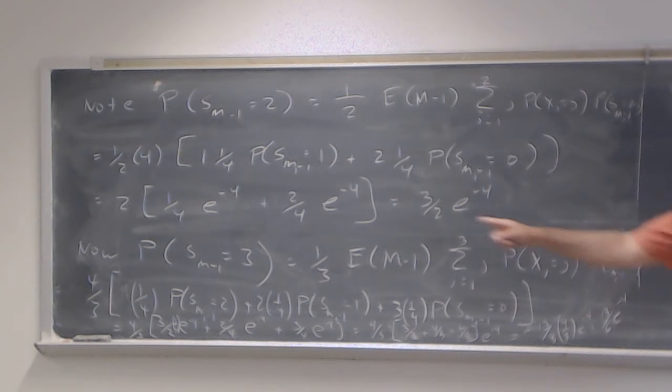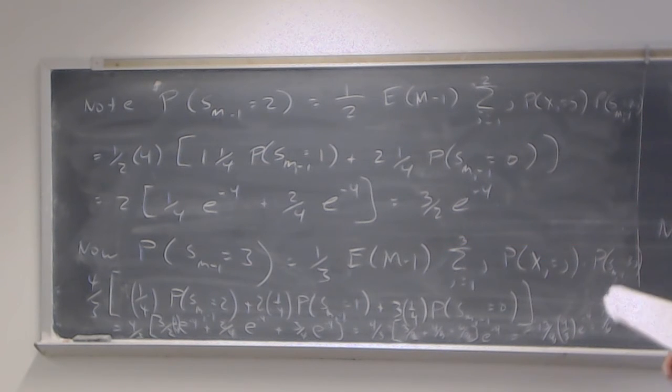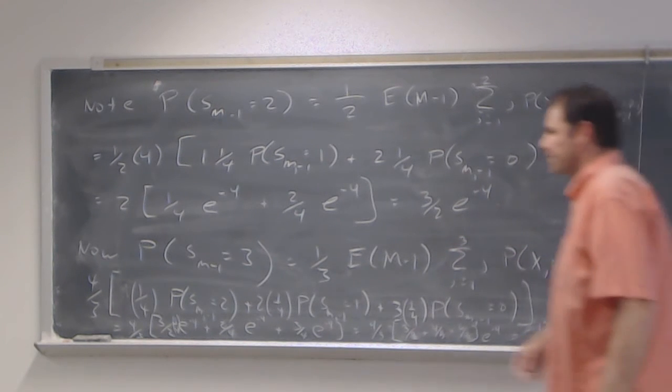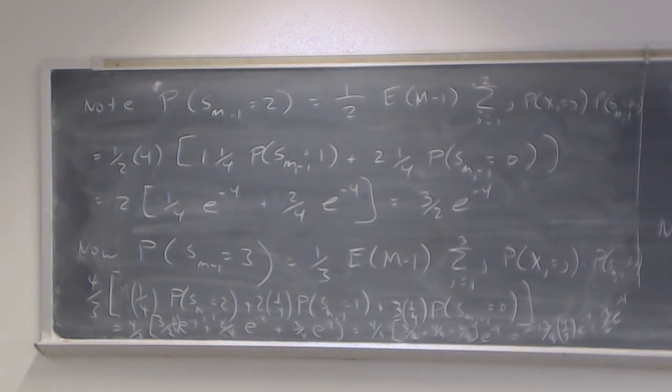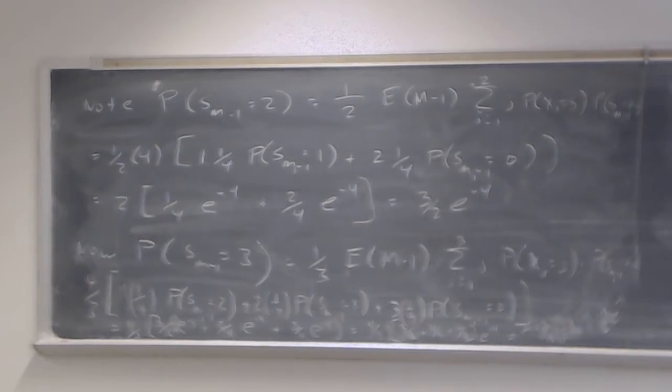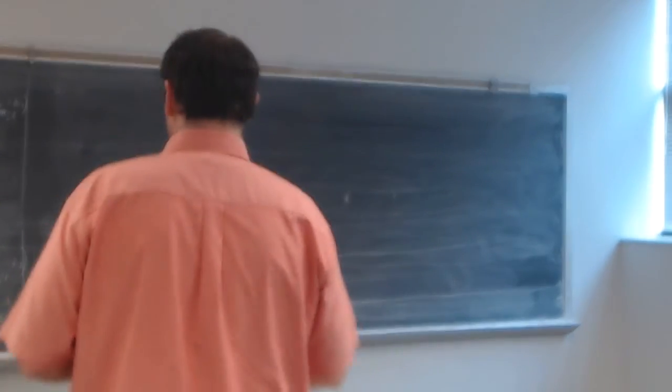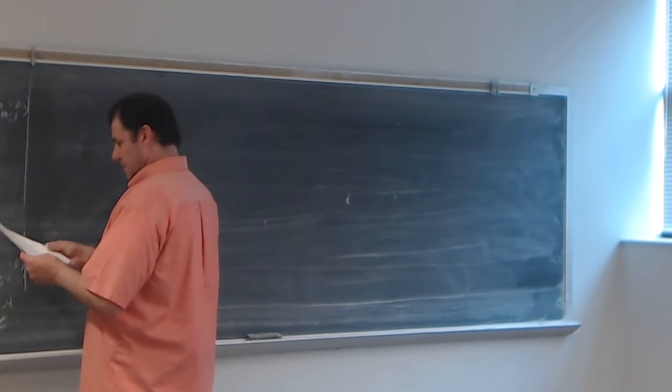That's what I get for the probability that S of m minus 1 is equal to 3, which was part of our formula in calculating the probability that S of n was equal to 5.